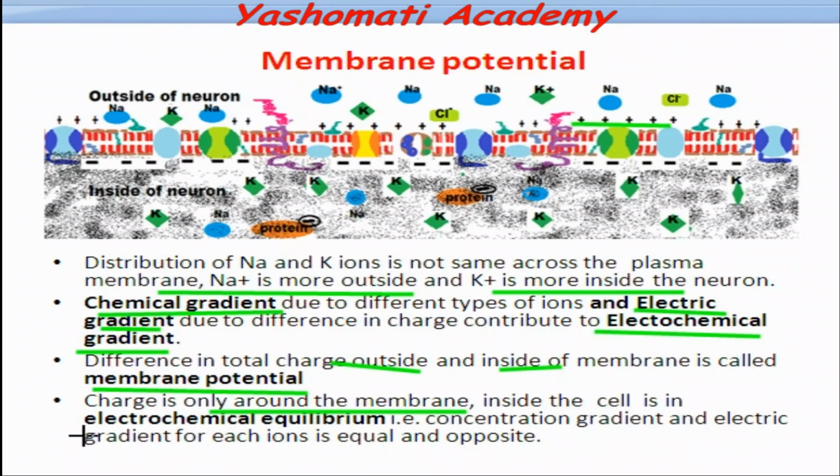That means it is in the state of electrochemical equilibrium. So this means that the membrane potential is developing only across the membrane, whereas the inside of the cell remains electrically uncharged or electrically neutral.